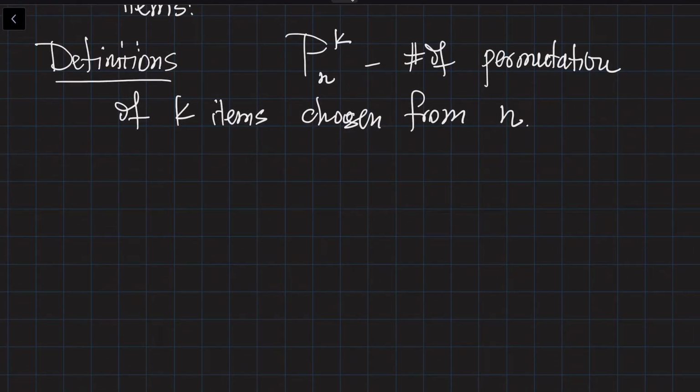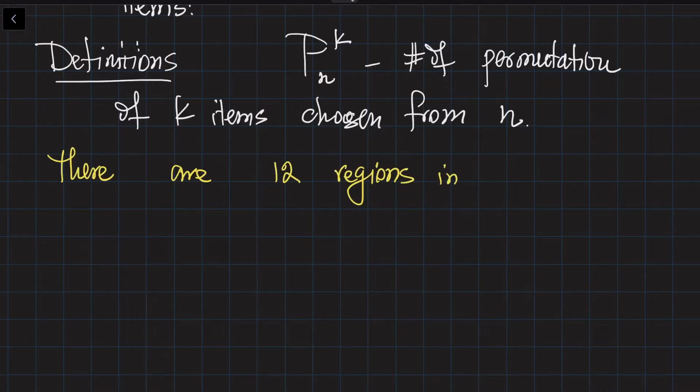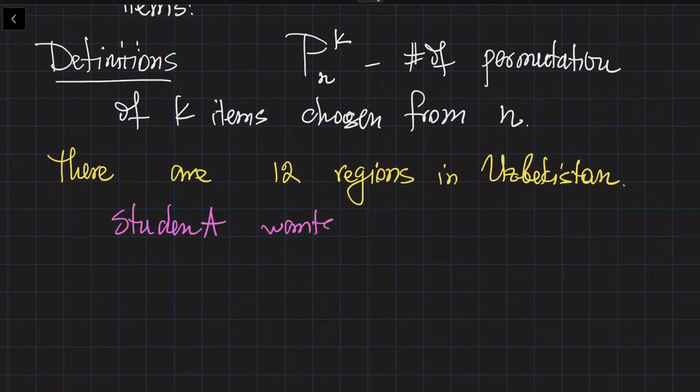So let me explain this with a very easy example. Let's say you would like to visit 3 different cities in the summer out of 12 regions. So there are 12 regions in Uzbekistan. Let's say student A wants to visit 3 cities or 3 regions.